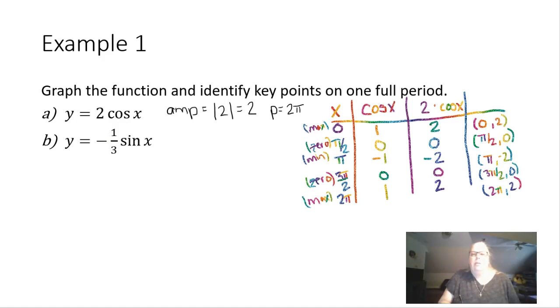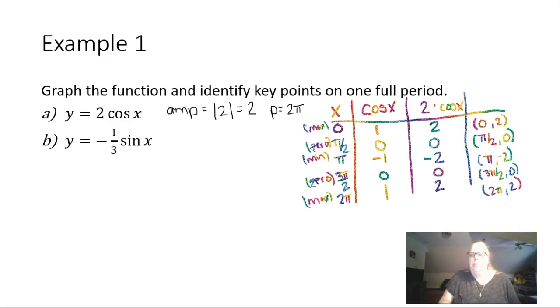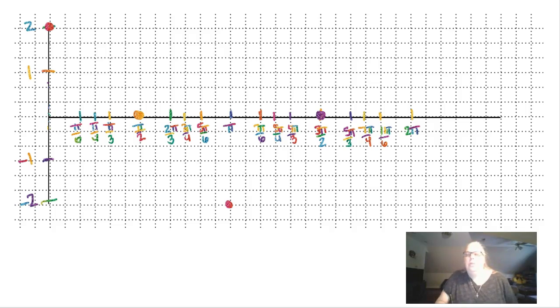And 3 pi over 2 and 0. That's going to be right here. And then 2 pi and positive 2, which is going to put us right up here at this point. All right, and all that's left to do is to sketch the graph in there and just make a nice, pretty curve. Make sure you get all the key points in here.